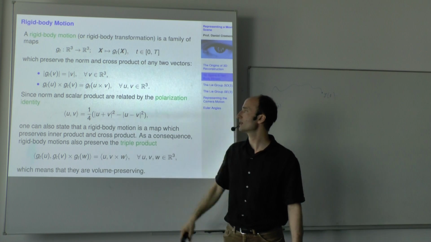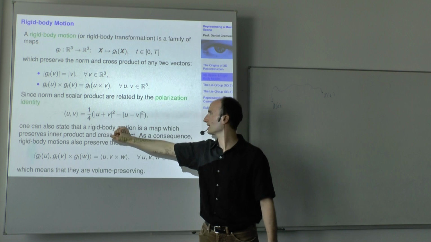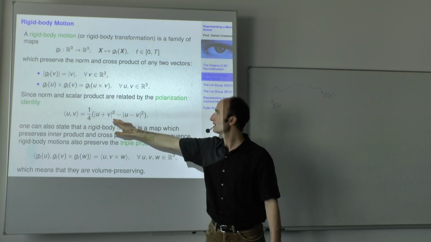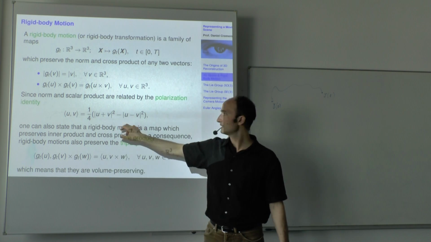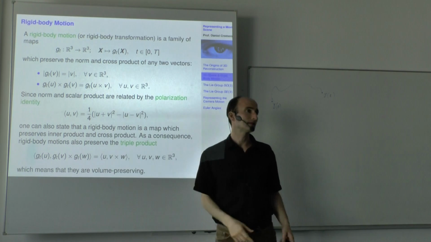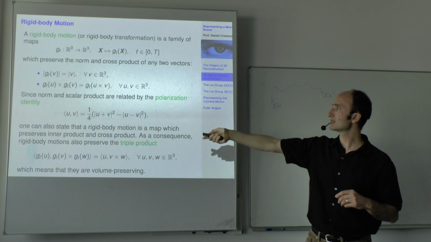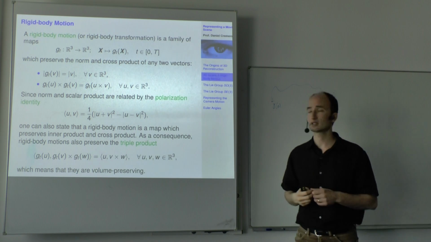If you calculate that, this gives u squared minus u squared, v squared minus v squared, and then I get 2uv plus 2uv, which is 4uv, divided by 4 gives you exactly the scalar product. So once I have the norm, I can define what the scalar product is.